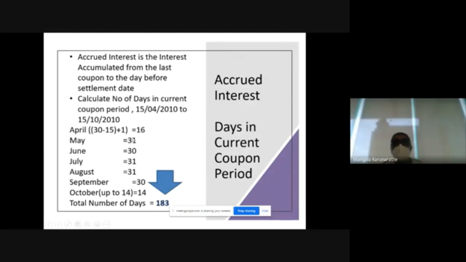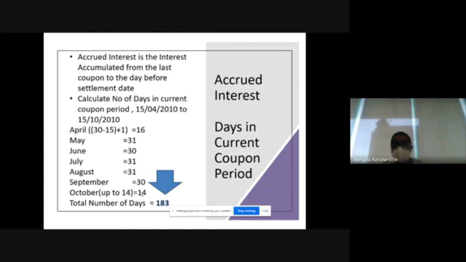And then May, you get 31 days. June, 30 days. July, 31, and August, 31. September, 30. October up to 14th, because they are paying on the 15th. The coupon date is the 15th, and the maturity date is also 15th April 2012.